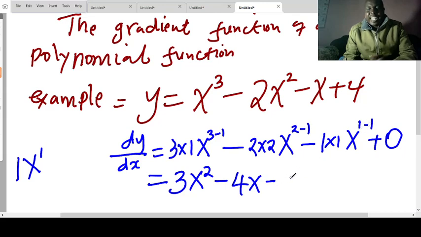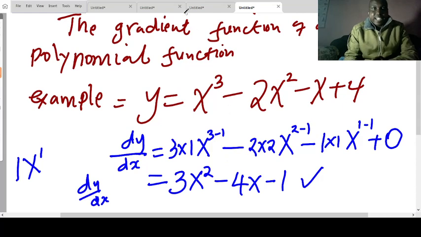Any number raised to power 0 is 1, so x raised to power 0 is 1. So 1 times 1 is 1. And that is the gradient function of that polynomial. So dy over dx is equal to this, and this is the gradient function of this polynomial.